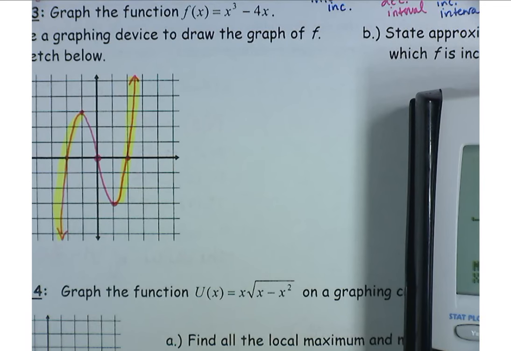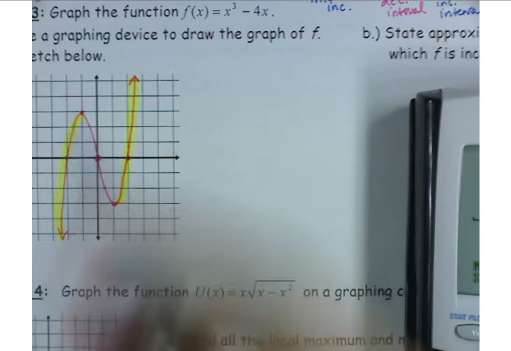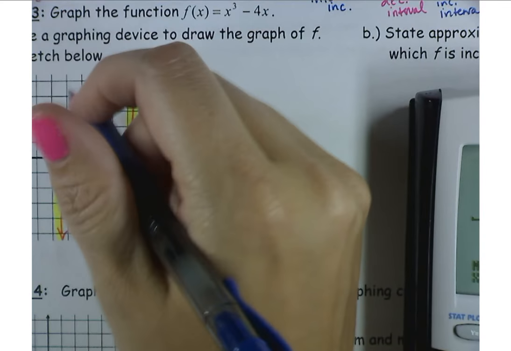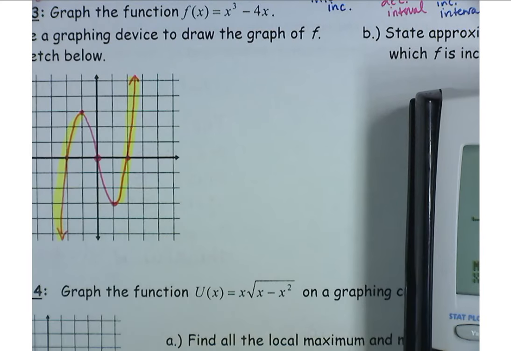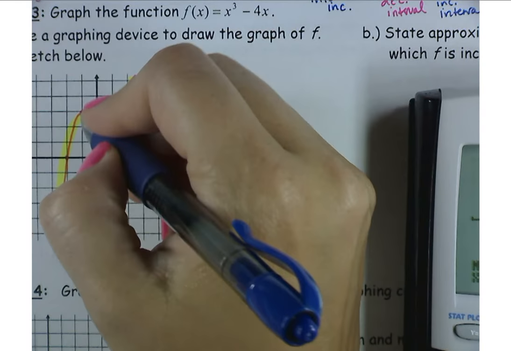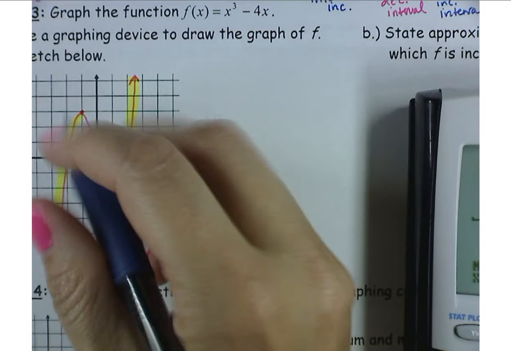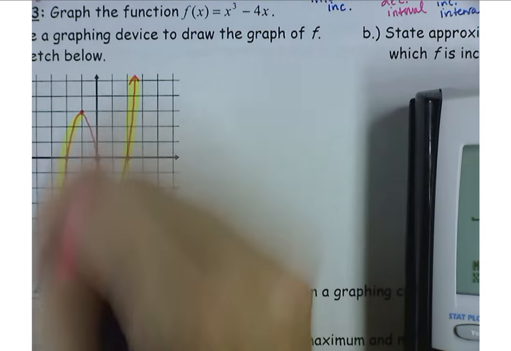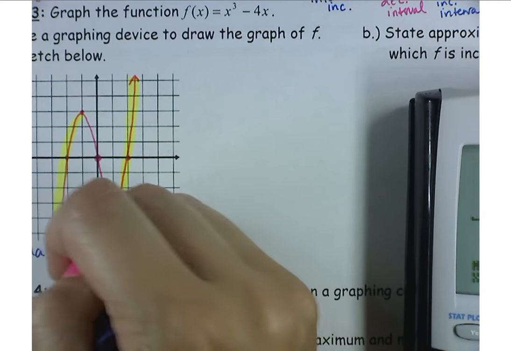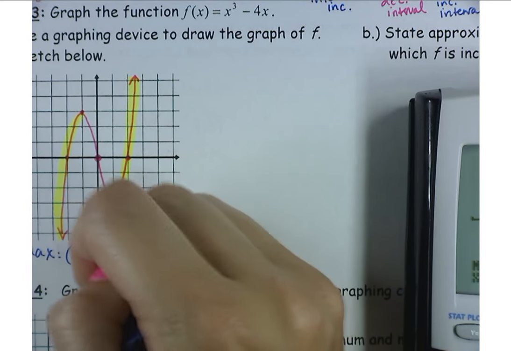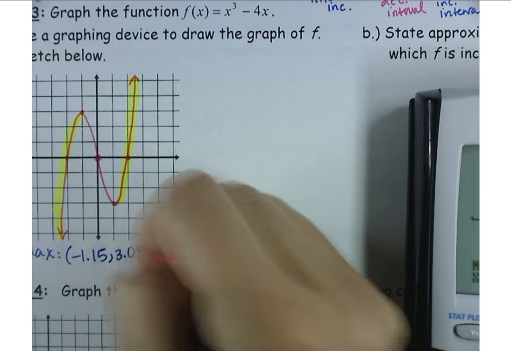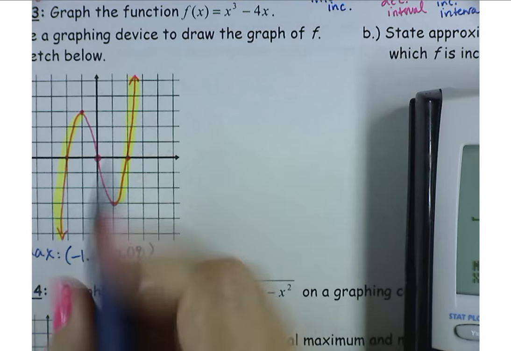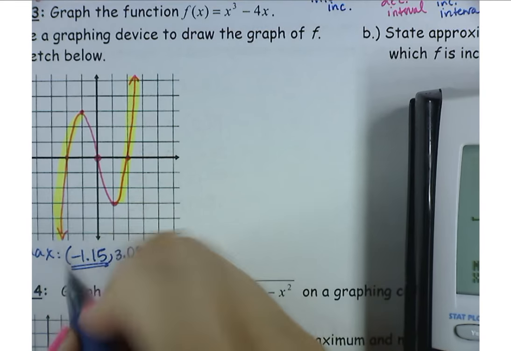For this, I really only need to know what my x value is. My maximum is going to be -1.15, 3.08 if I'm rounding correctly. This is going to be part of your interval.